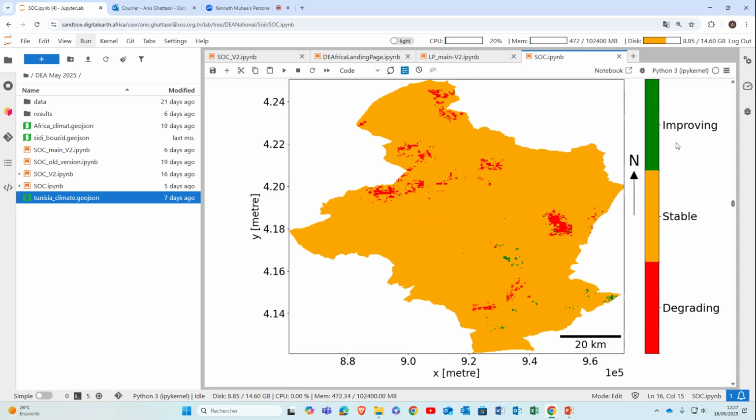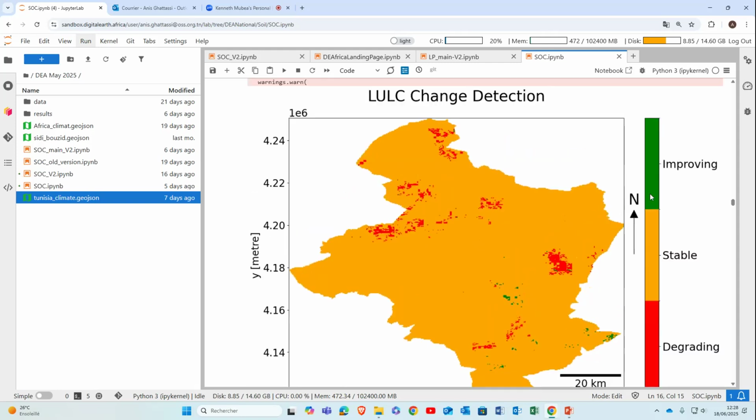The first is the stable class, which is more than 80% of this area, but we also have other classes like the degrading class, which is mainly on the eastern and northern parts, and an improving class, visualized especially in the southern part.